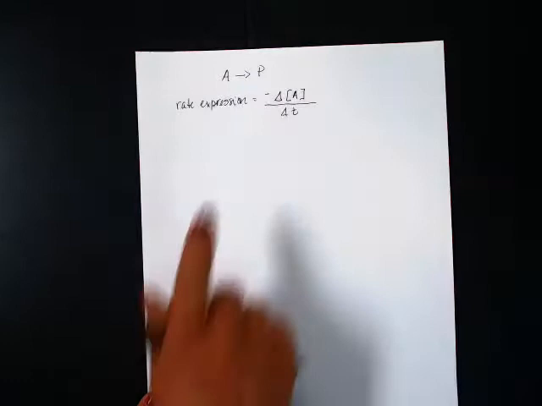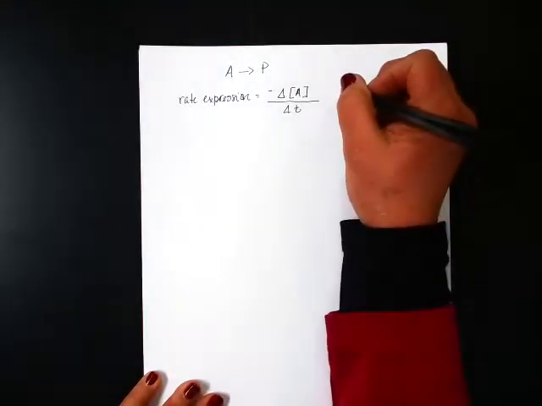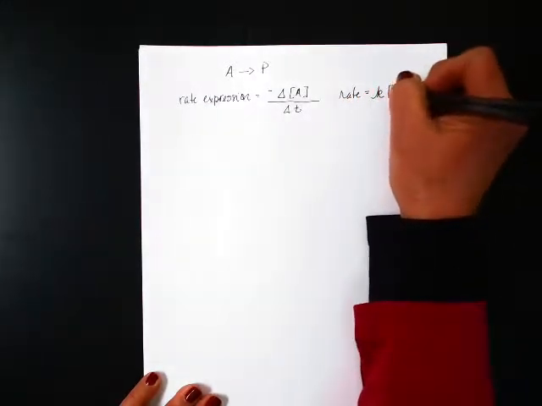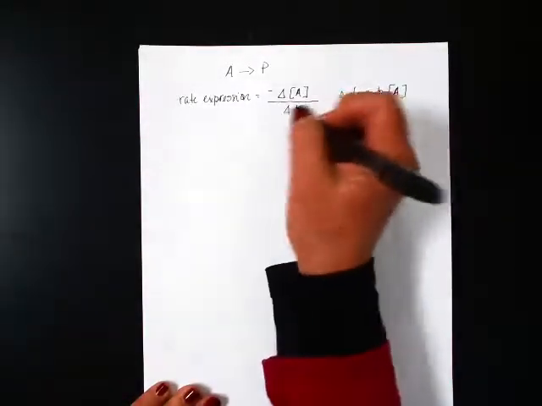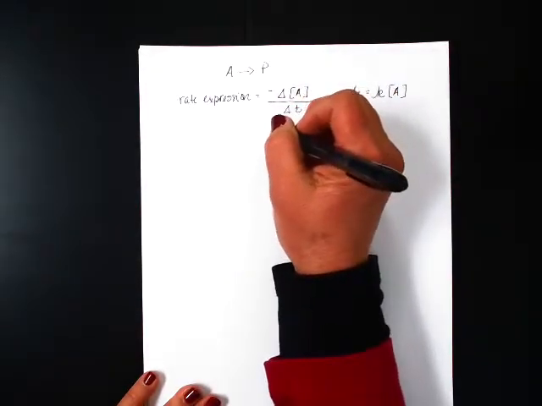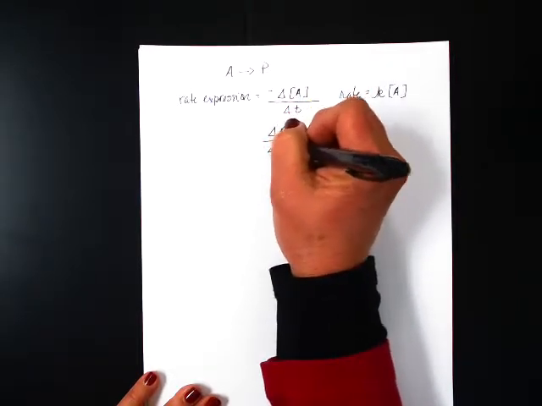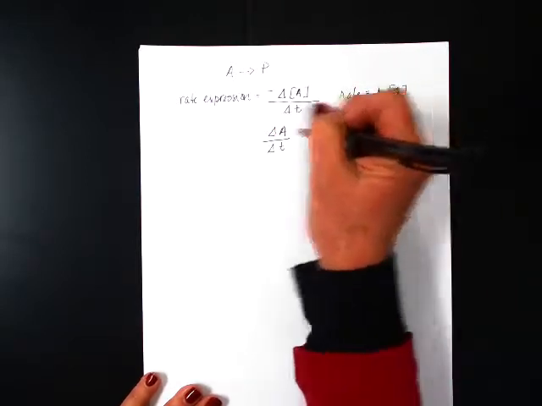This is negative because A is a reactant. It is being converted to product. The rate law would equal then k times the concentration of A. So we can set these equal to one another and say that the change in A over delta t is equal to k times the concentration of A.